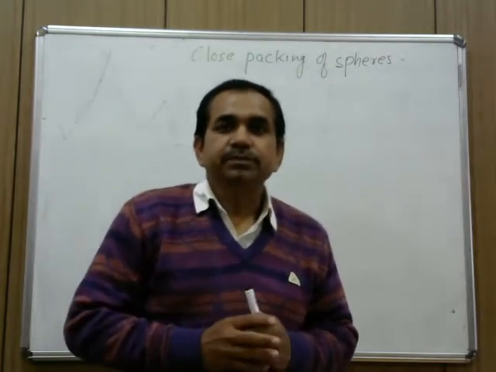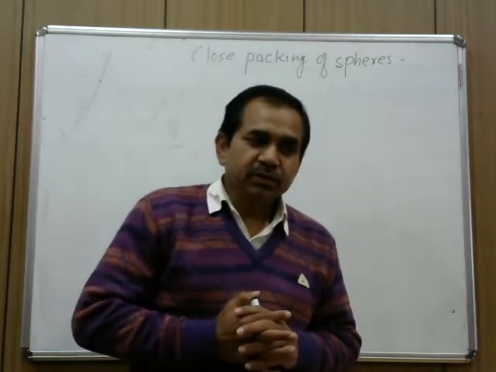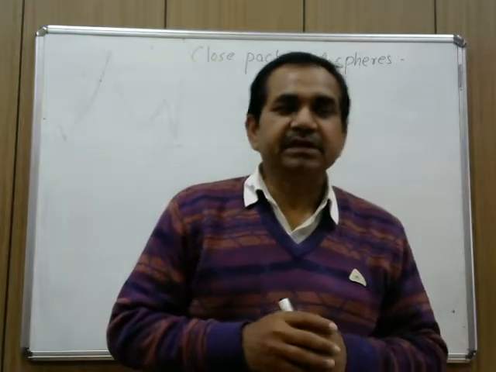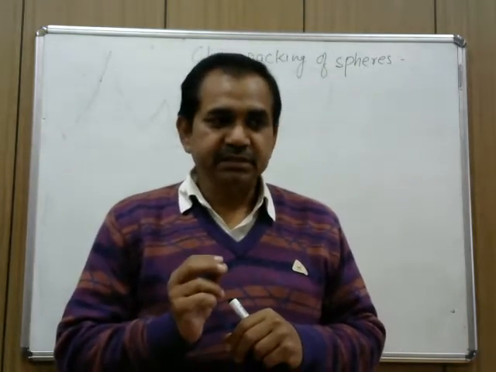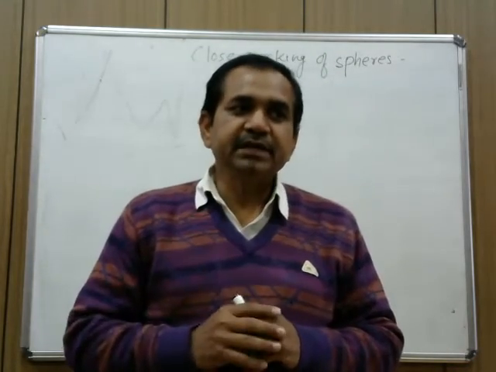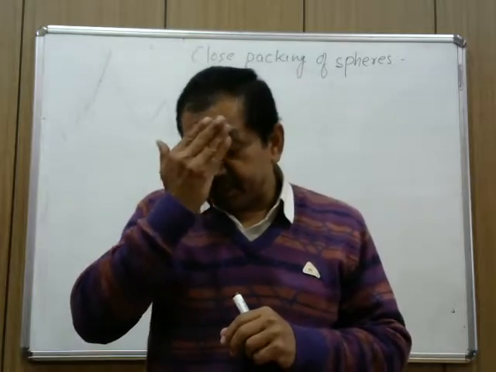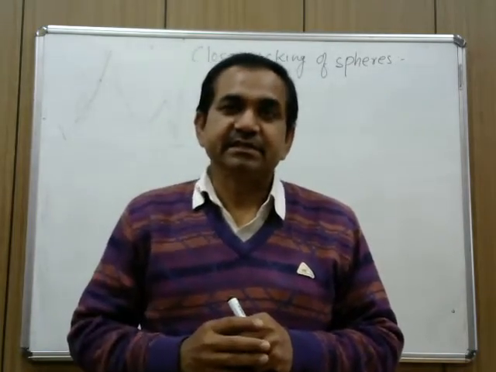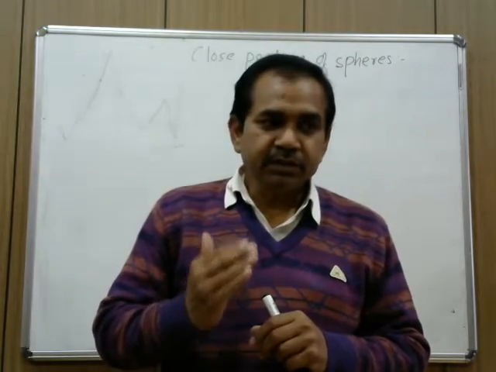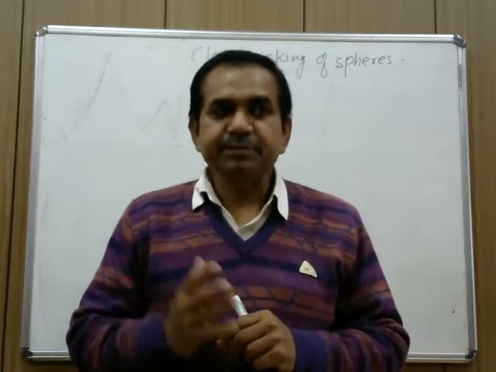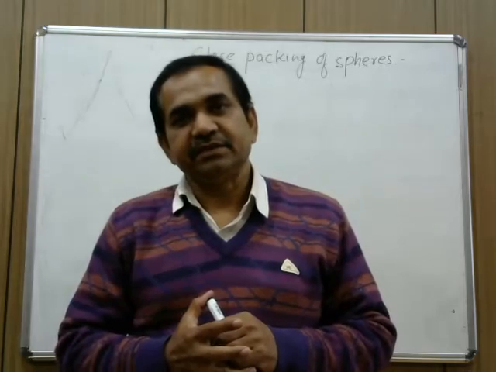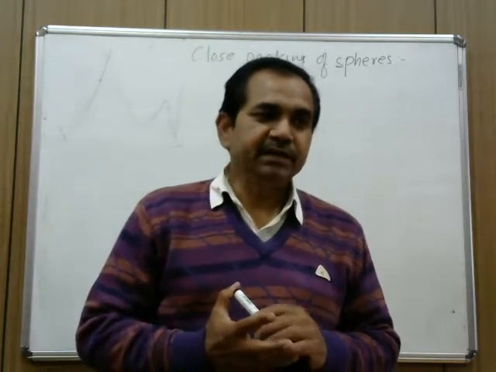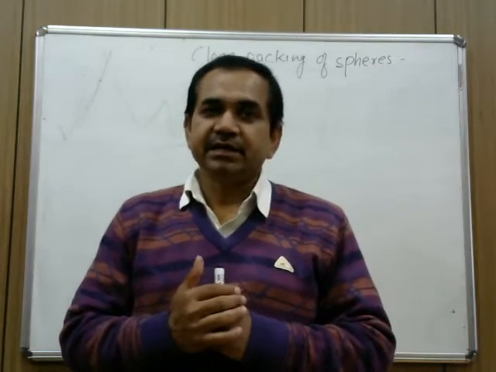I had told you that for close packing of spheres, two basic assumptions are made. First, constituent particles or points are considered as hard spheres, and they try to accommodate maximum space available for packing. So these are the two basic things that we should keep in mind while we are understanding it.